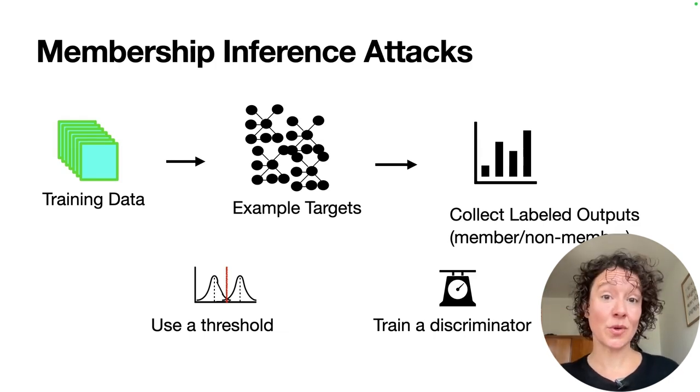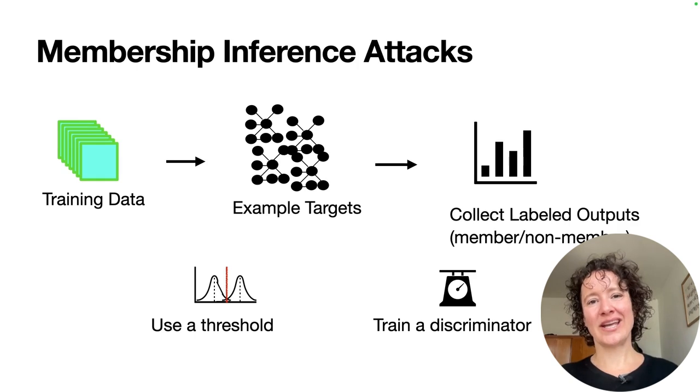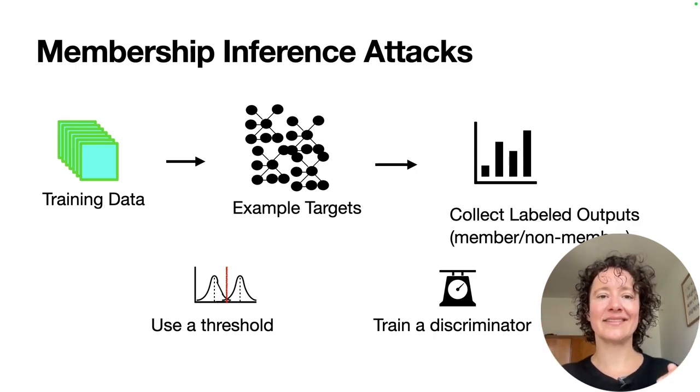And this works. So the likelihood ratio attack from Carlini et al. says that we should pin a false positive rate. So we should say, okay, if we train a discriminator, we're going to hold it at a false positive rate that's very low. So we don't want to say that something is a member that's not actually a member. That weakens our attack vector.